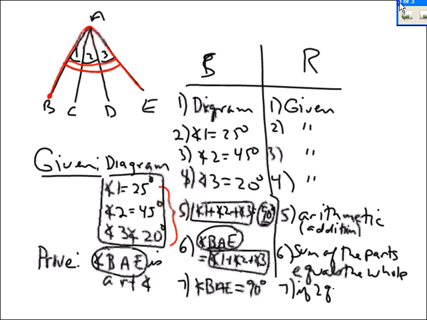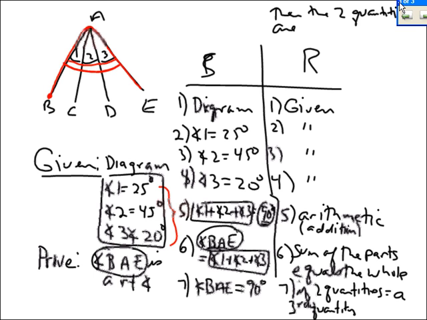If two quantities equal a third quantity, then the two quantities are equal to one another.